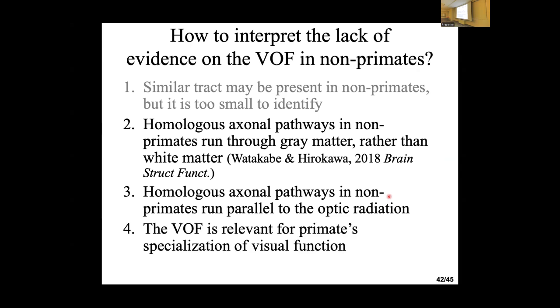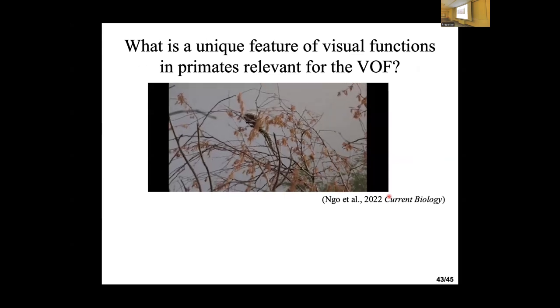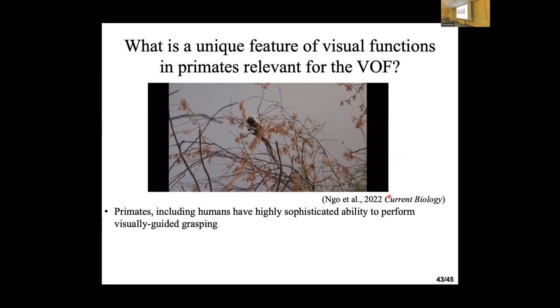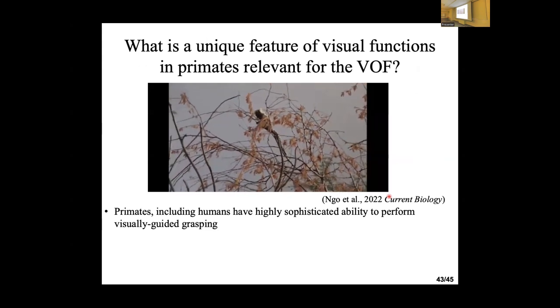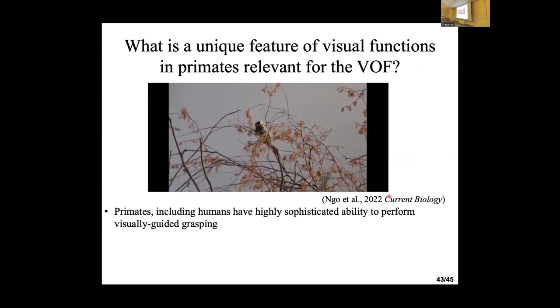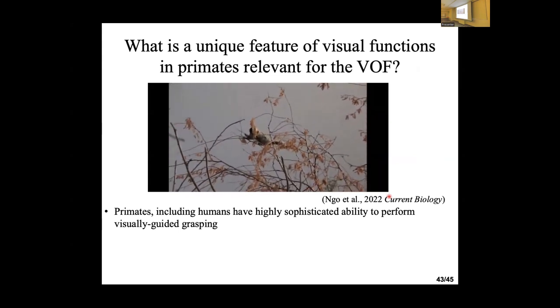Then I'm not going to strongly push the last possibility, but of course it's interesting to think that this pathway may be relevant for primate specialization of visual function, though there are many possibilities for interpretation. If we think about what is special about primate visual function, one major sophistication in primate species is visually guided grasping. As you can see, humans can grasp an object easily just by looking at it with the eye. The same goes for marmoset behavior.